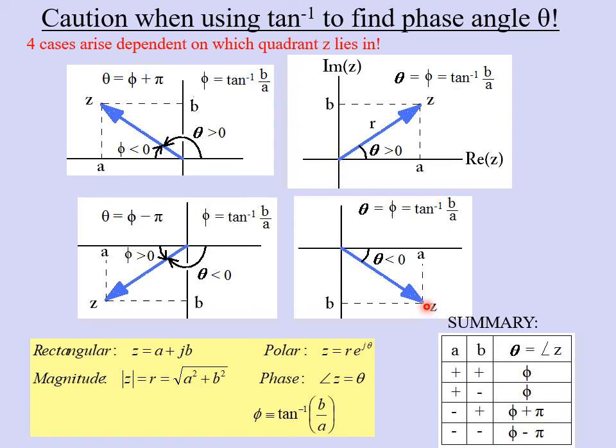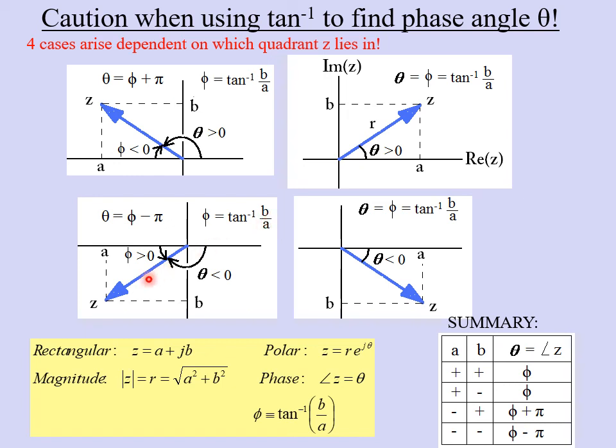So it turns out that when we use this definition of phase angle theta as inverse tangent of b over a, what we have to be careful about is minus signs. If both b and a are negative, we'll end up over here in this quadrant, and those minus signs cancel each other in this calculation.